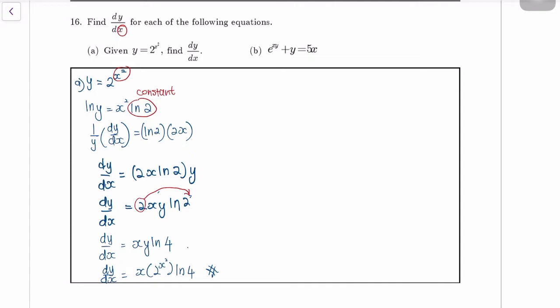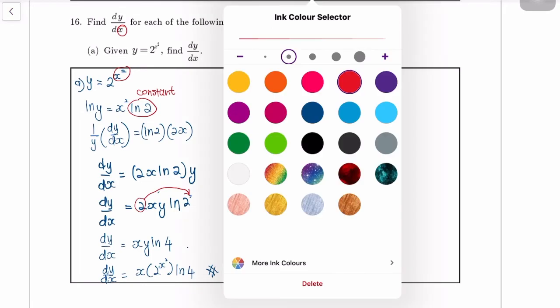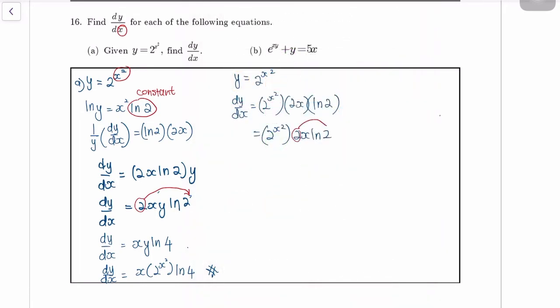Okay, the second method, kita boleh buat macam kita darab eksponen. So dy over dx, copy, times differentiate power, times ln base, so ln 2. So we'll get 2 to the power of x square times 2x ln 2, but then this 2 kita boleh jadikan dia sebagai power juga.